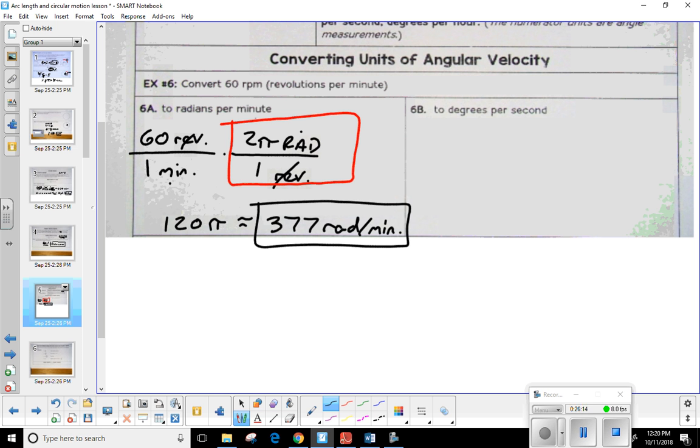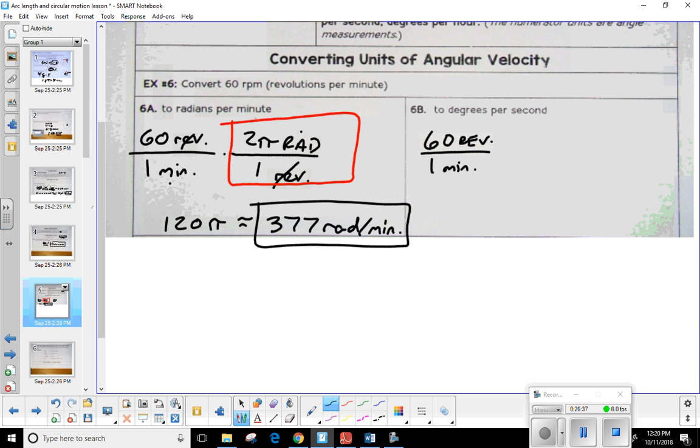Well, let's try 6b. I want to change, again, the same thing, 60 revolutions per minute. So 60 revolutions in 1 minute. I want to change it, this time, to degrees per second. So now I not only have to change the minutes, I want to get rid of the revolutions and change that to degrees.